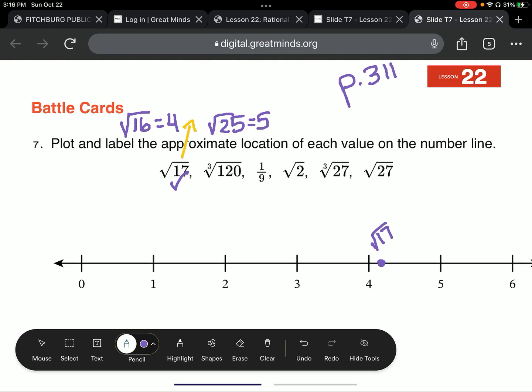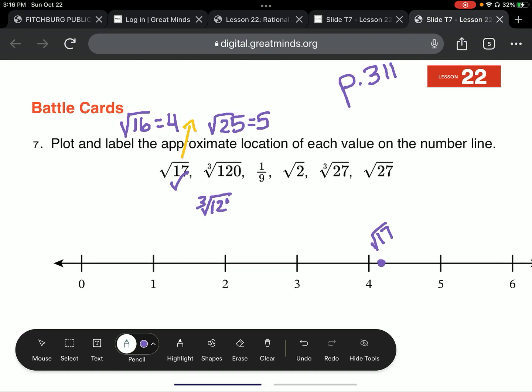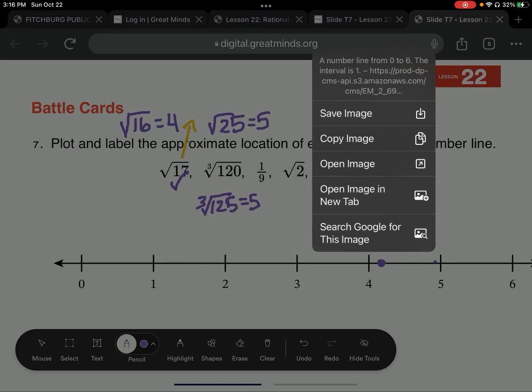The cube root of 120. Again, I'm thinking, what are cube roots close to 120? And I know the cube root of 125 is equal to 5. So I know my cube root of 120 is going to be really, really close to 5.